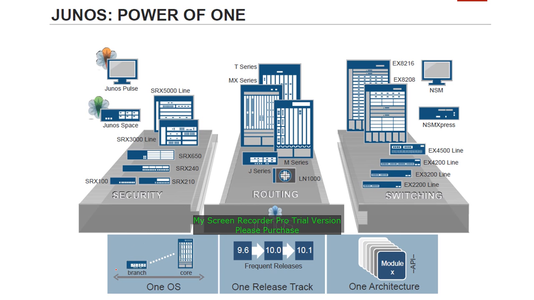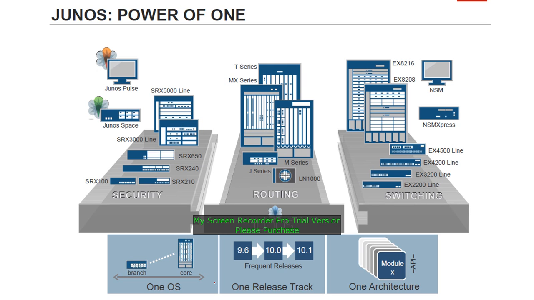And another one is Juniper OS. Juniper OS is a common platform for all three device types: security, switching, or routing. There is only one OS which supports routing, switching, and security. So no need to worry about configuration differences.